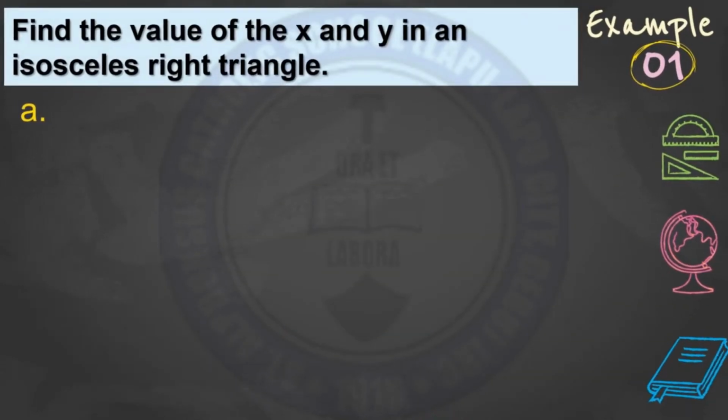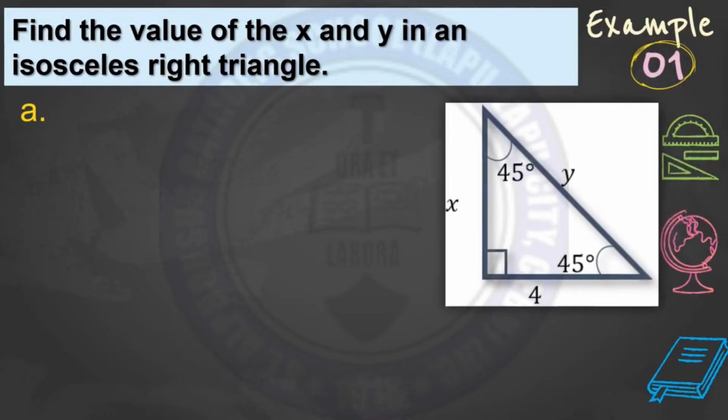Now let's have some examples. Example number 1, letter A. Find the value of x and y in an isosceles right triangle. In our first figure, x represents one of the legs of a 45-45 degree right triangle and y represents the hypotenuse.